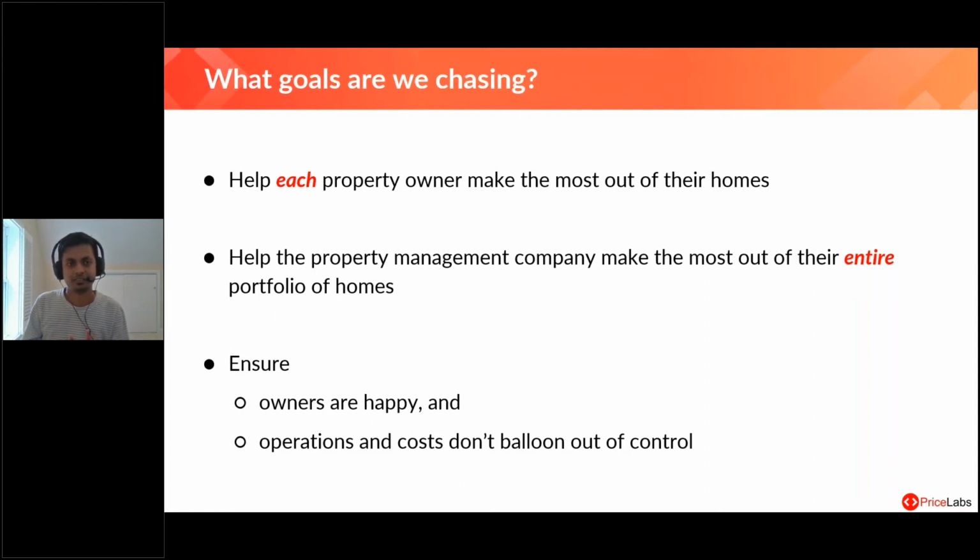But unlike many other businesses where total revenue is what's important, in this case the split also matters because each home is owned by a different owner, and each home needs to be doing well. If it doesn't, that homeowner will sooner or later decide to go elsewhere or start managing on their own. So it's not just about total revenue, it's also about each property's revenue.